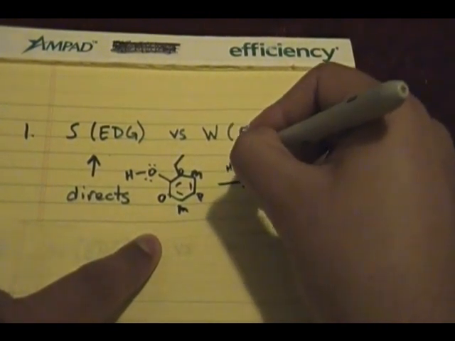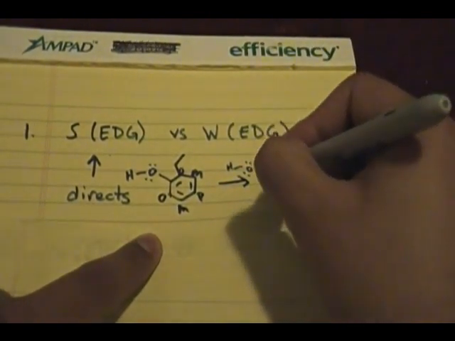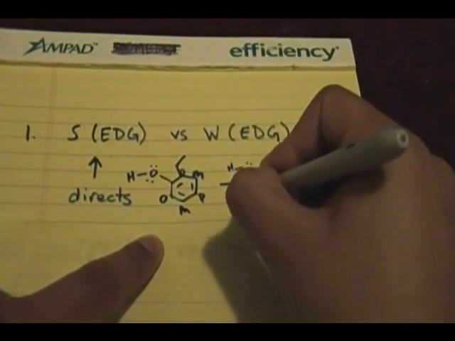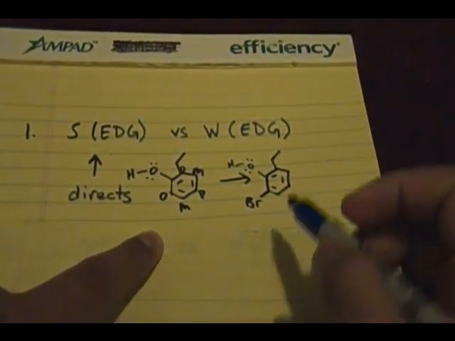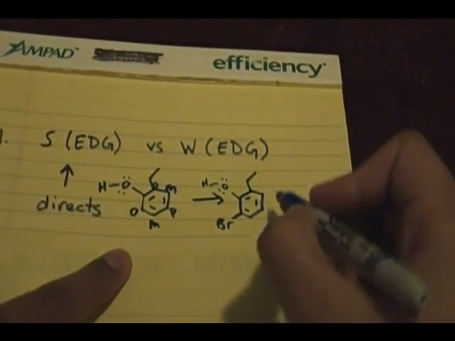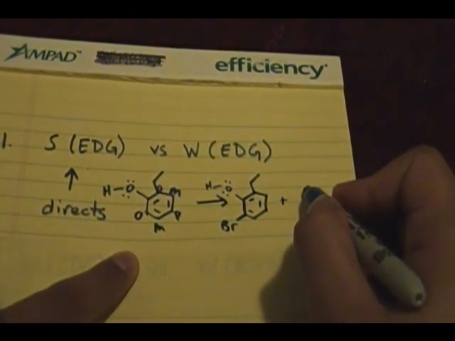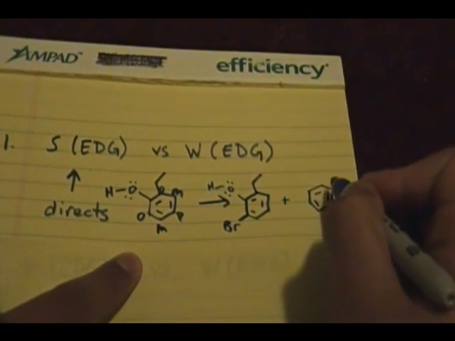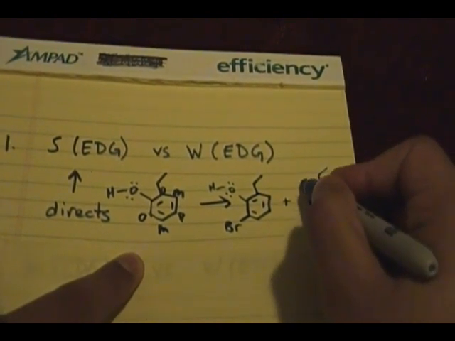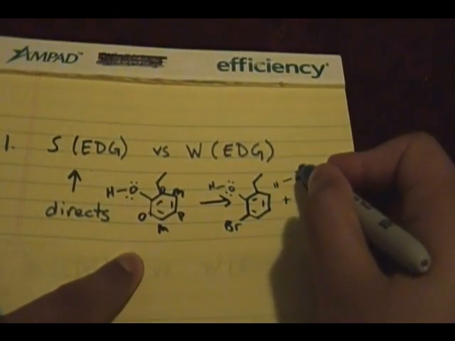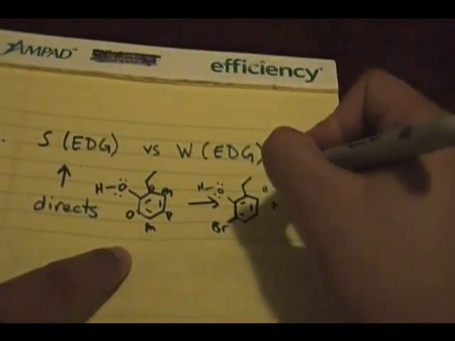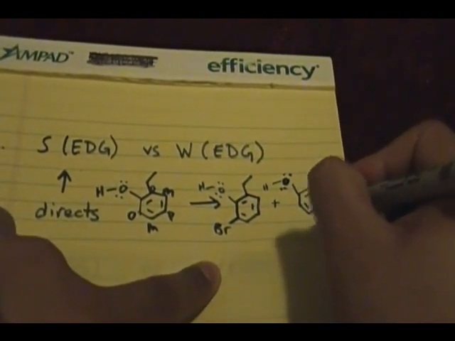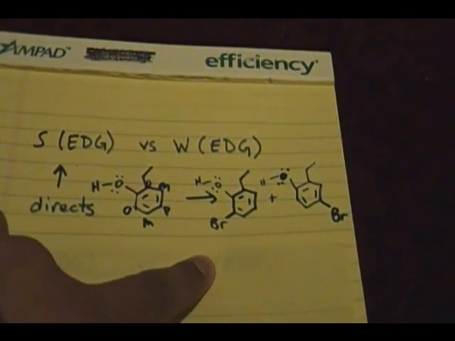So if this is your H, and this is your ethyl group, and this is your aromatic ring, you have one product with the Br here, and the other product will be the aromatic ring with the bromine here.